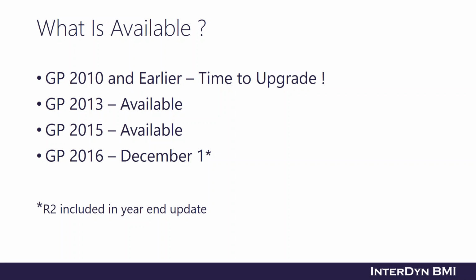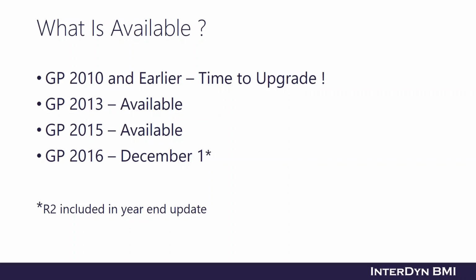Okay, so hello everyone. What we're going to talk about for the next 45-50 minutes is the year-end update for the supported versions of Dynamics GP that are out there, and kind of what's included, when you need it, when you might not need it, and some of the changes that are featured in the year-end update.